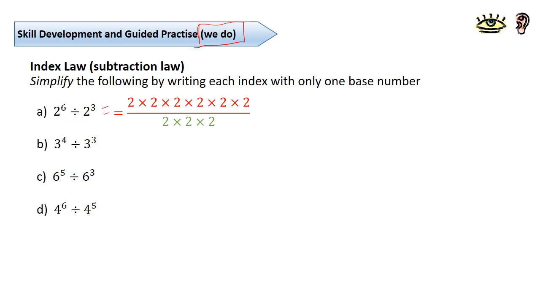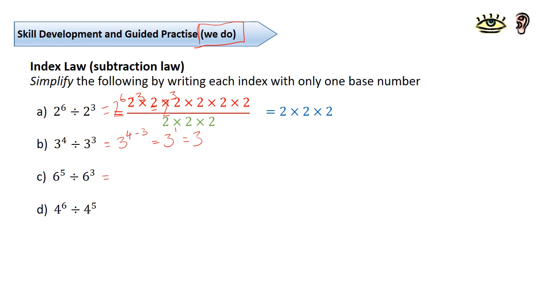So we have the same bases all the way through, so we're happy to smash these out. If I put in some working where I'm going to do the subtraction, 6 take 3 is 3. 3 is my base, 4 take away 3, and I'm left with 1. As we said, if it's just 1, we can leave it without a power.